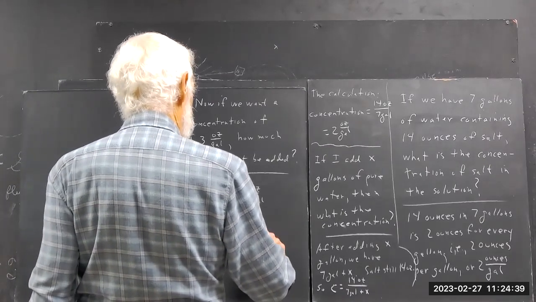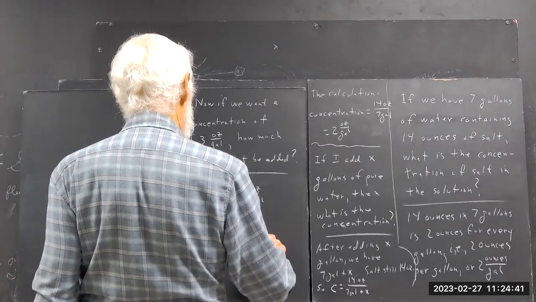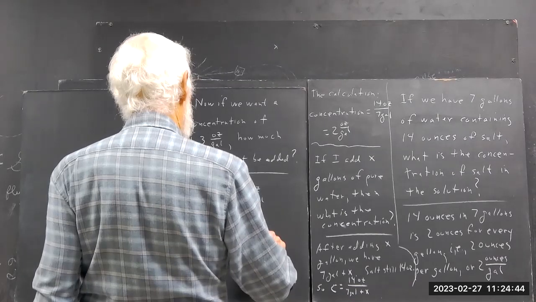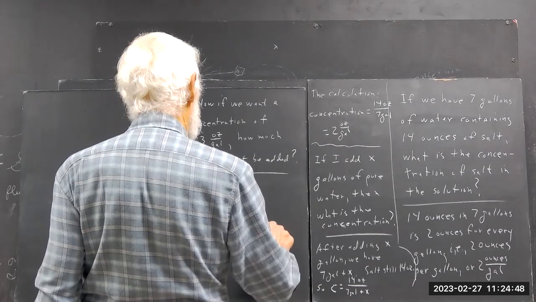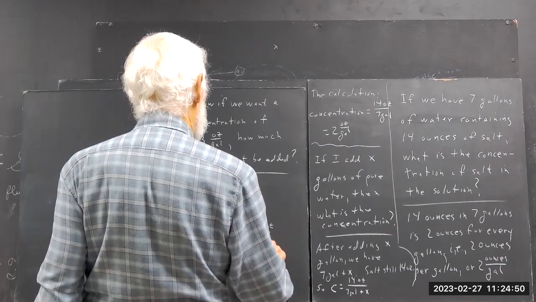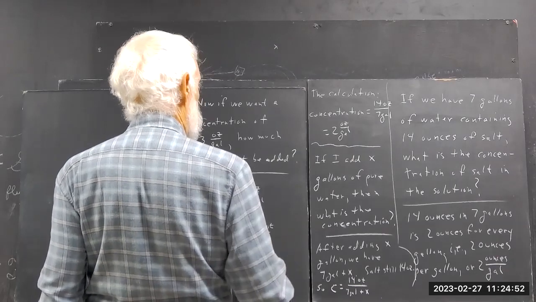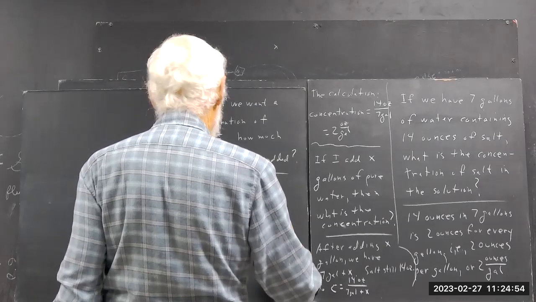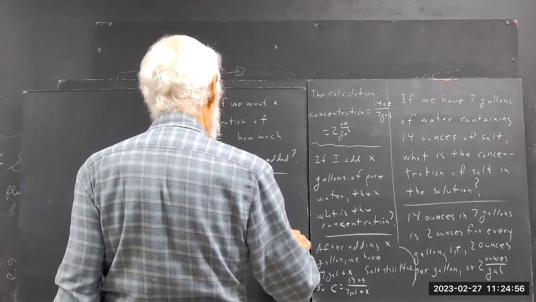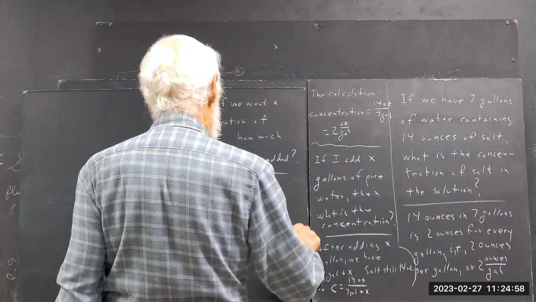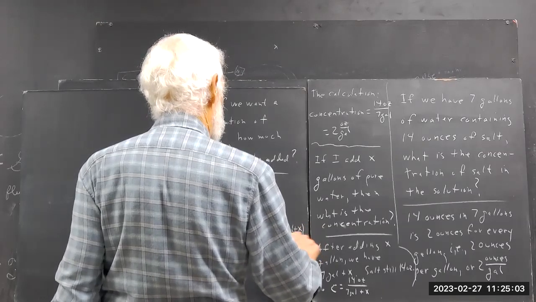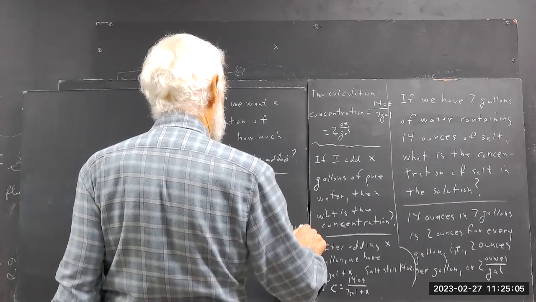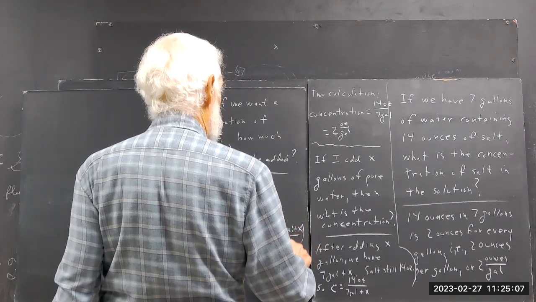Then I could write this as 1.3 ounces over gallon, then times 7 gallons plus X, over what?